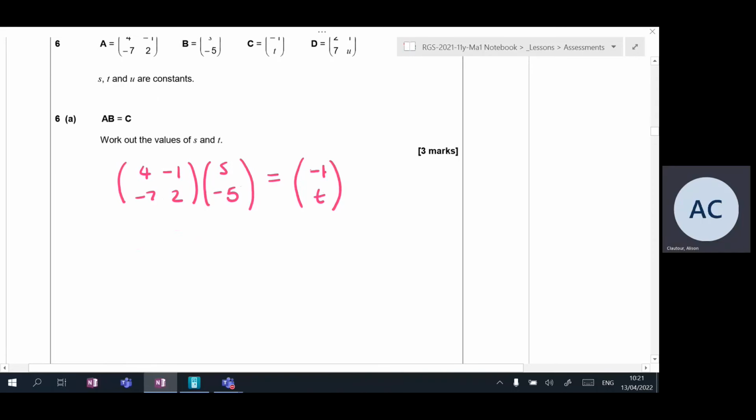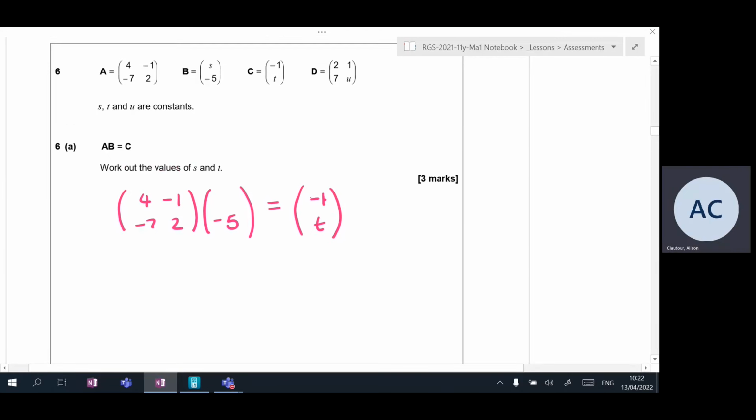Okay, so let's multiply these together. So 4 times 5 gives me 20. Minus 1 times minus 5 gives me 5. So you're doing 20, add 5. And then for my second one, I did minus 7 times, sorry, my bad. I can't read my own writing.